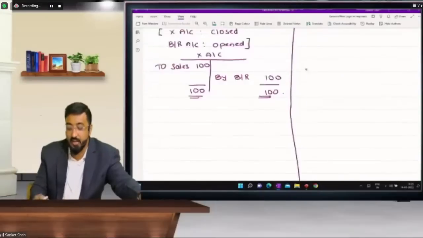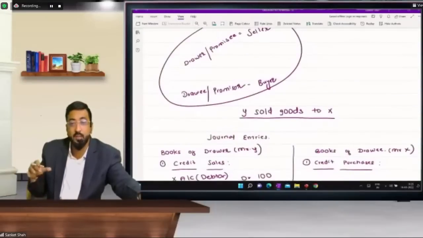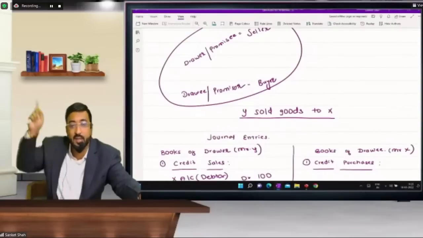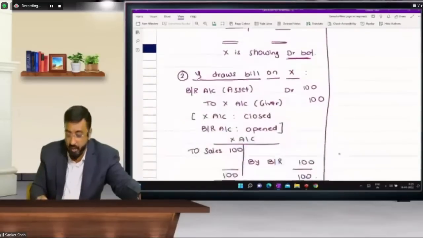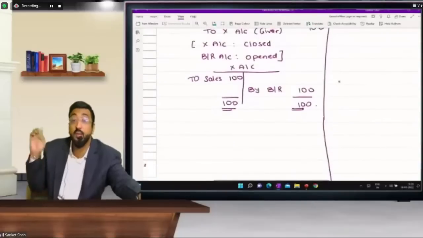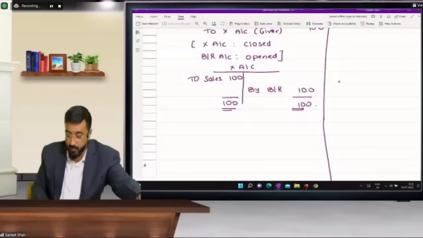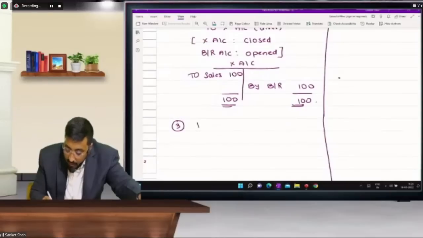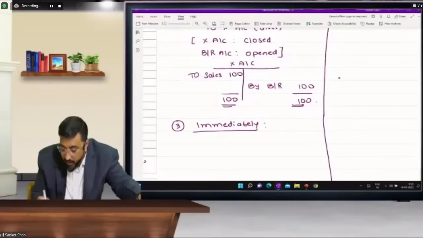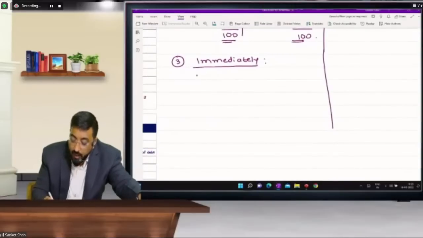Make small changes. See, instead of changing X's books, it's better to change the party. So this is how a CA uses his brain. Okay, mistakes will happen, but sometimes you also have to take it with understanding. Immediately I changed it to Y's books below the answer, because we are here only for the concept part. Okay, so there was a small mix-up in X and Y. So whose books are they? Y's books. Y is a seller and X is a buyer. X is a buyer in our case. Now third entry. Now immediately there are 4 situations.